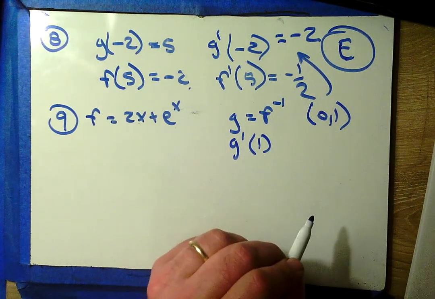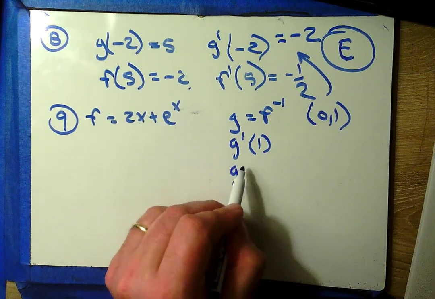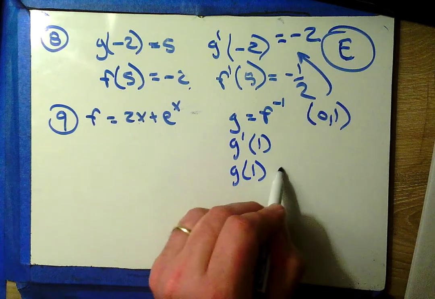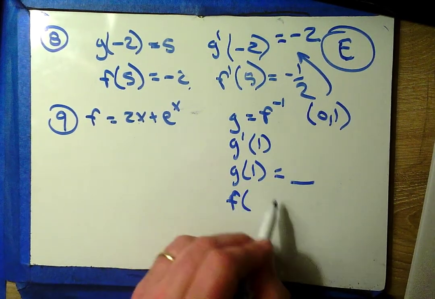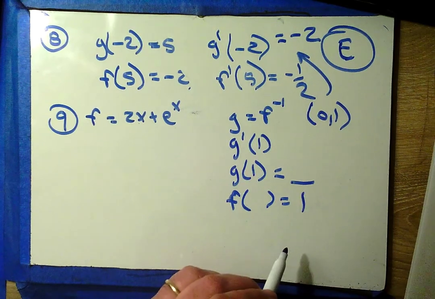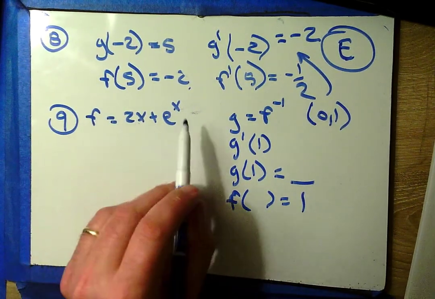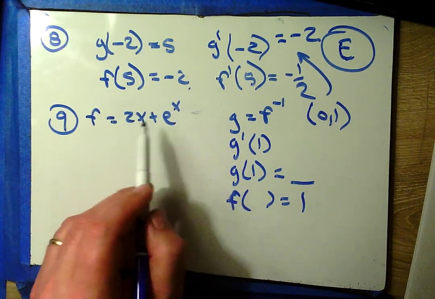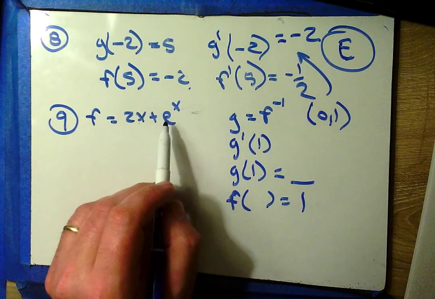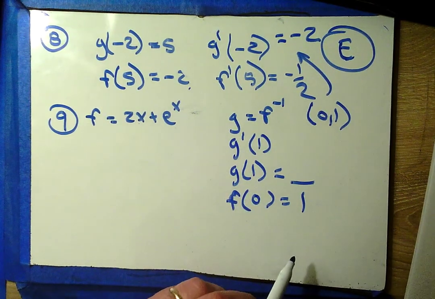Okay, so when is the output? That means g of 1 must exist. And that means that f must have an output of 1. When can I get an output of 1 here? Well, if this is raised to the 0 power, that becomes a 1, and that becomes a 0, and I get 0 plus 1. So I say f of 0.